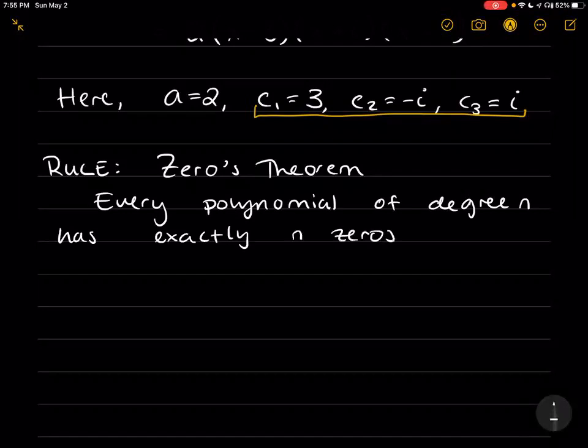So this is exactly what I was saying just a minute ago. You have a polynomial of degree like 4, you're going to get 4 zeros. A polynomial of degree 32, you're going to get 32 zeros. And then this next thing I'll explain in just a sec.